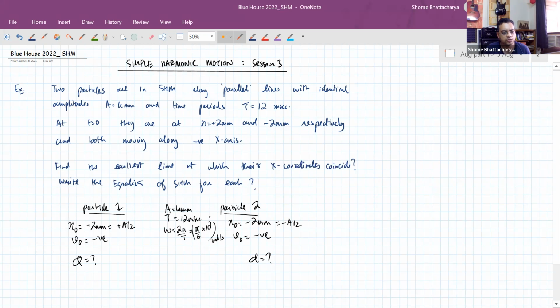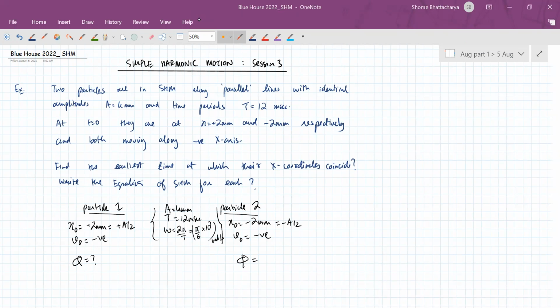This is common for both of them. But to find out when their x coordinates coincide, you also need to know their phase constants. That is the only difference in their equation of SHM, the phase constant. Otherwise, both have common amplitude and common time period. You're understanding the point, no?